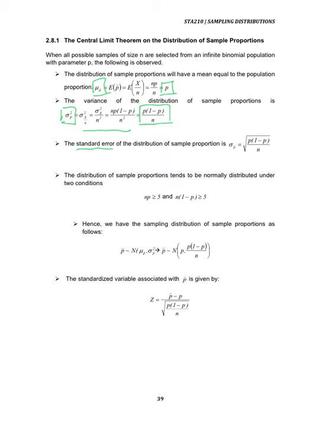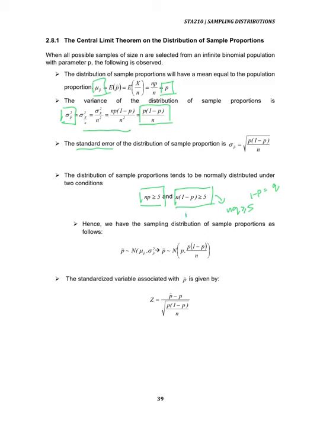So what is the condition for the sample proportion to be normally distributed? The condition is that np should be greater than or equal to 5 and n times 1 minus p greater than or equal to 5. 1 minus p is sometimes also denoted by q, so this is equivalent to nq greater than or equal to 5.